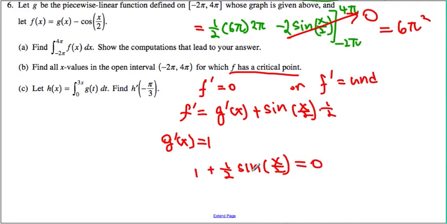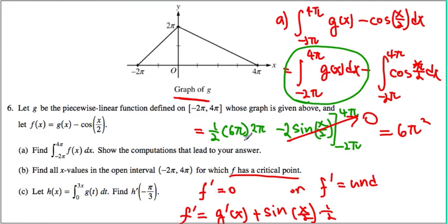But you will realize that this will never be equal to 0 because the sine of this angle would have to be equal to negative 2. A sine can only go to positive 1 and negative 1 without the coefficient. So therefore this will not be possible.